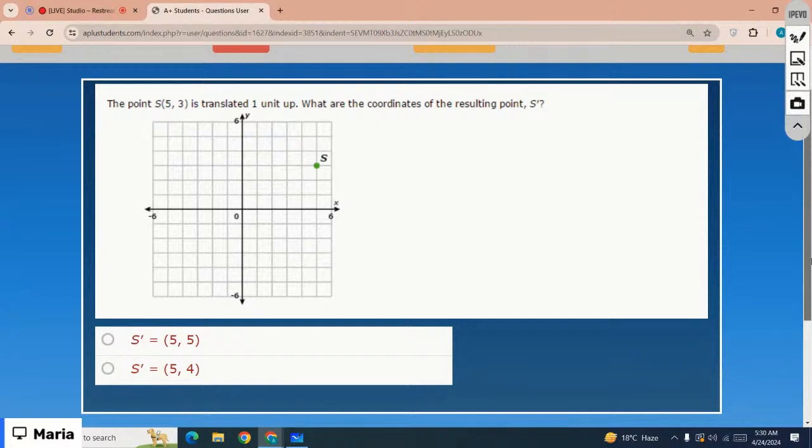You have to move 1 point up. So that would be S dash (5, 4). Option number 2 is the correct option.